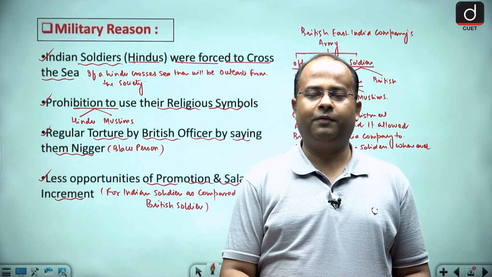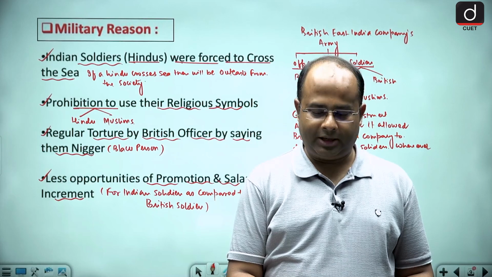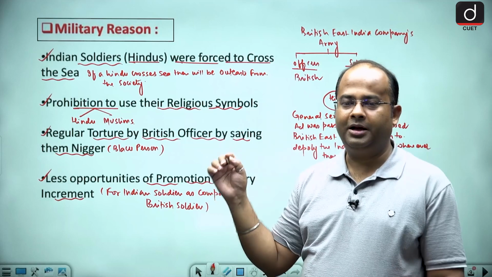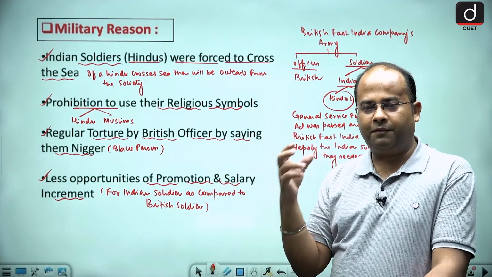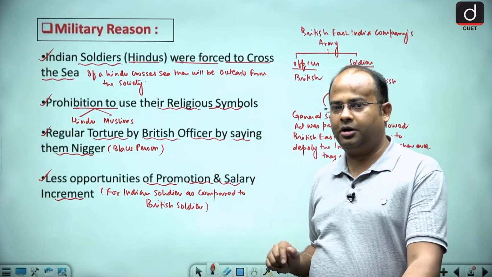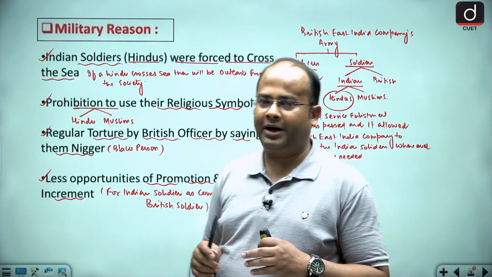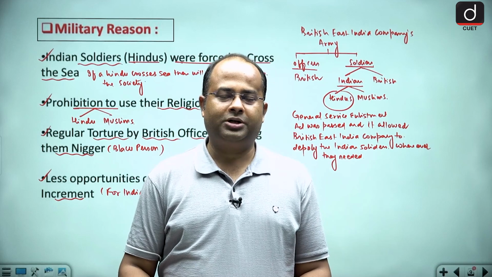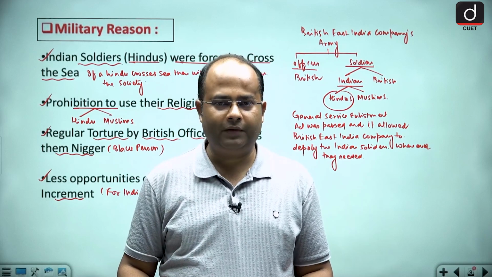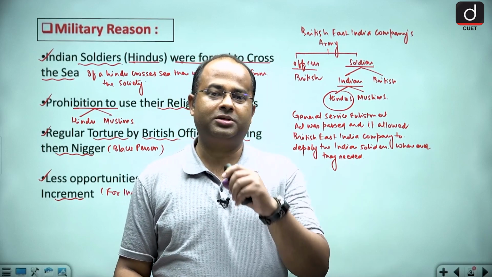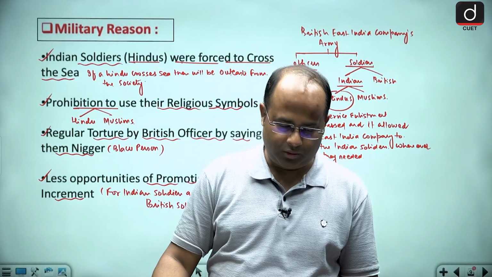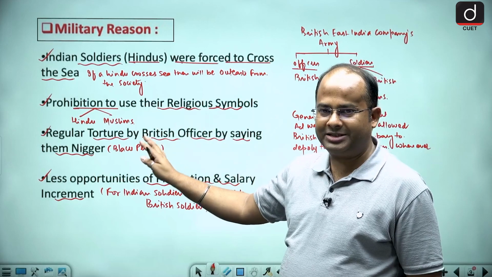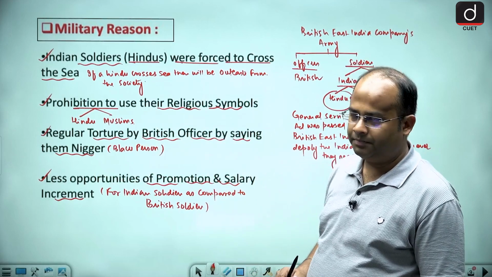So the Indian soldiers became dissatisfied, that sparked a feeling of dissatisfaction in their hearts, and finally this led to the revolt of 1857. This was the military reason for the revolt. I hope my dear friends, it is clear to all what exactly the military reason was.